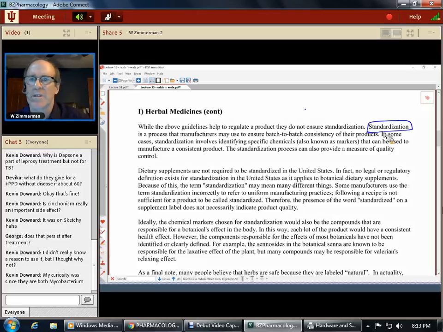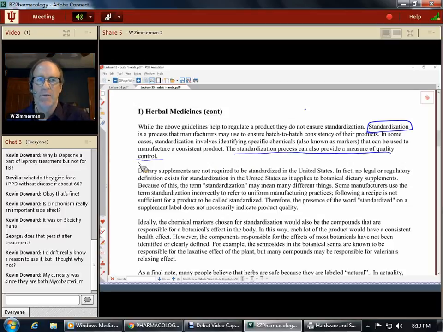That's not necessarily what they mean. But quite often standardization can also provide a measure of quality control. Sometimes it means they're using a standardized practice to make the tablet, to make the herbal. So it can mean that.